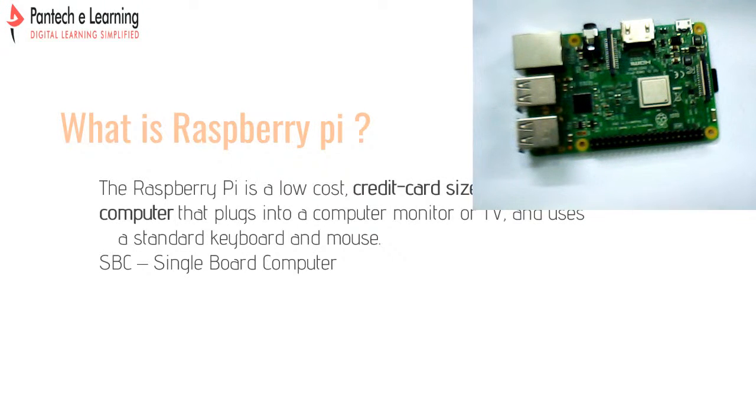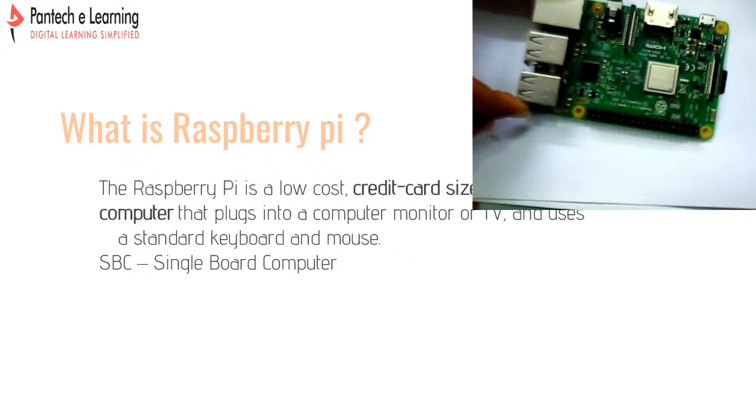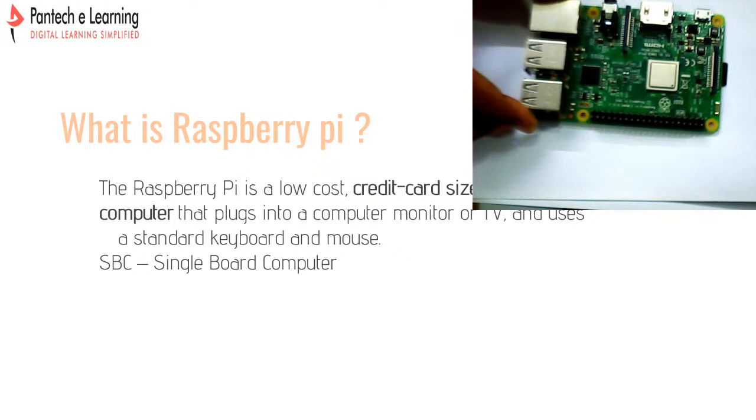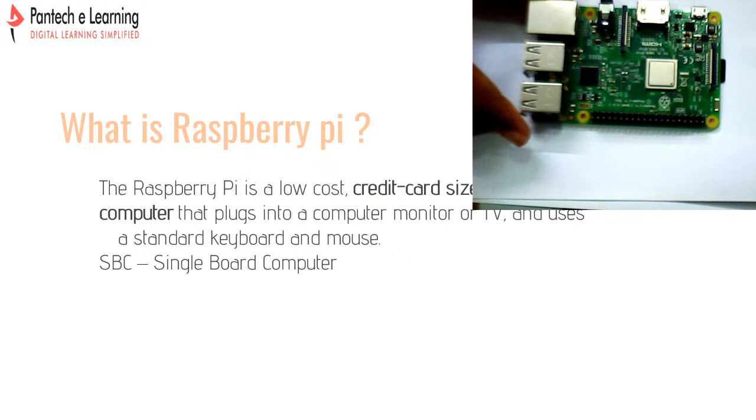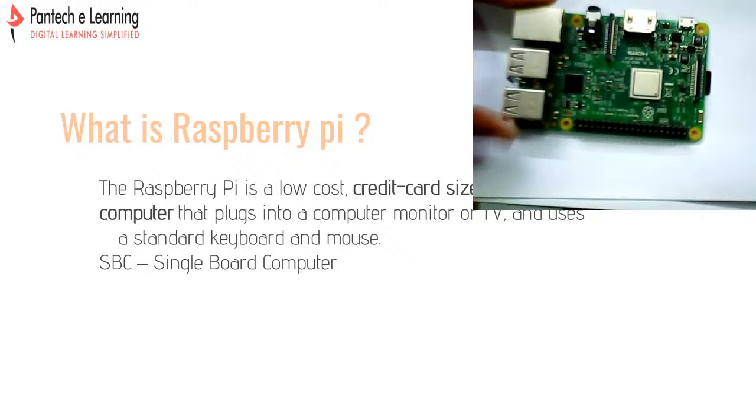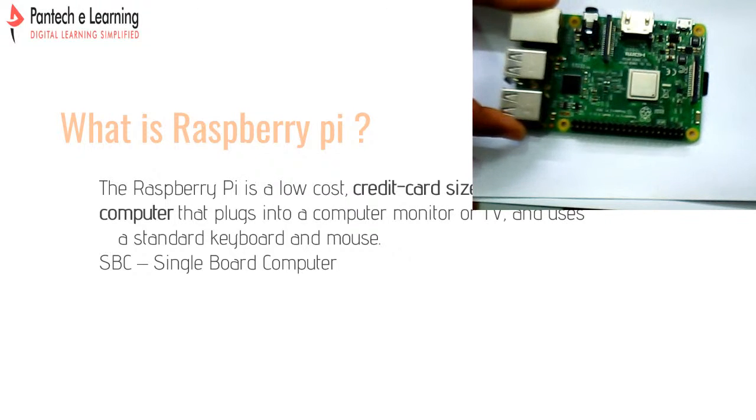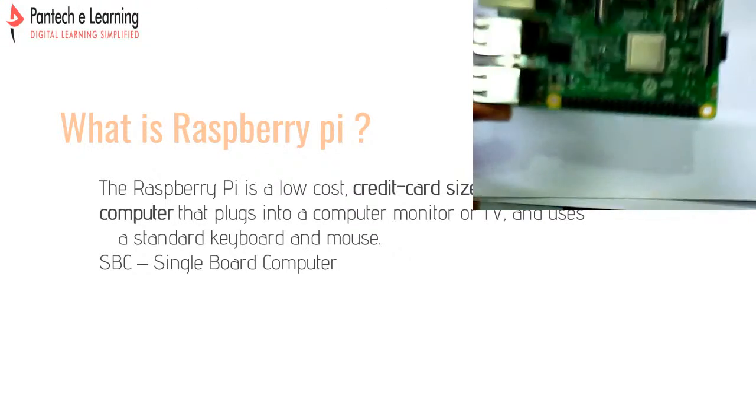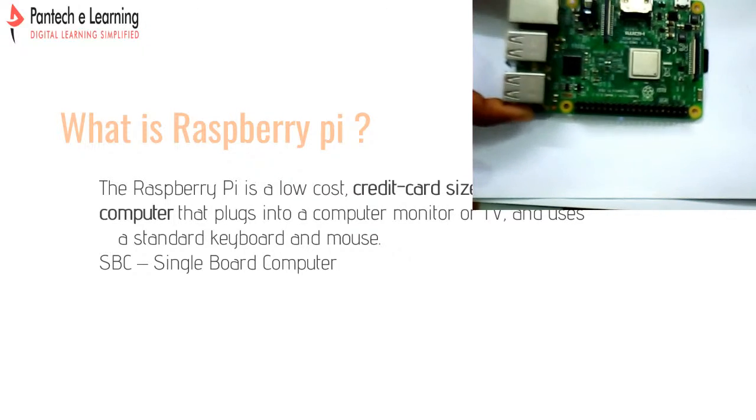We know that the Raspberry Pi is very minute. This is a Raspberry Pi, which is a miniature circuit. It is like a CPU, a credit card size CPU. You can see here I just enabled my camera, which is visible on the screen.